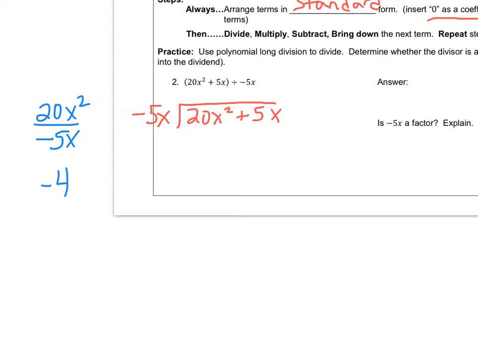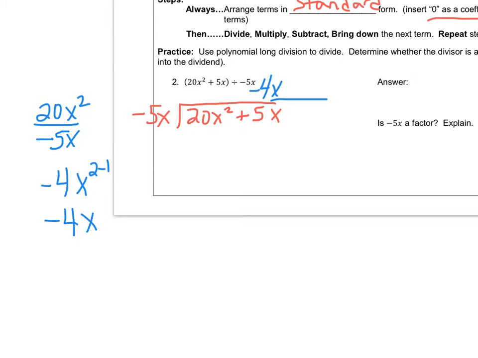And when we've got exponents with the same bases, we subtract our exponents. So negative 4x to the 2 minus 1 is the same as negative 4x. So we're going to put negative 4x above our x term.